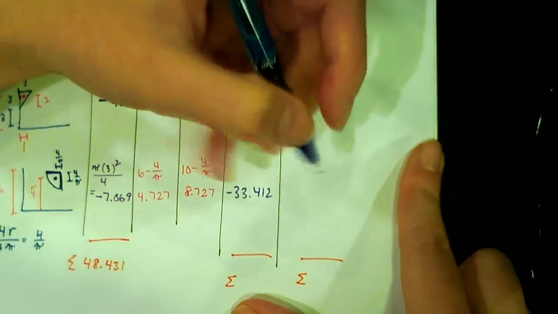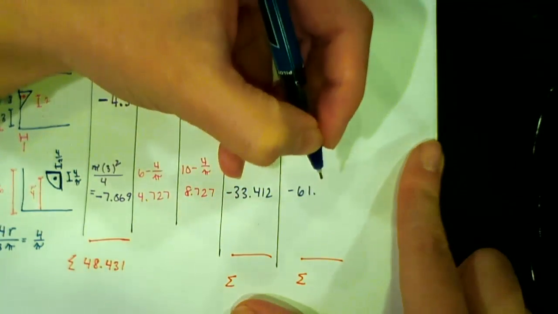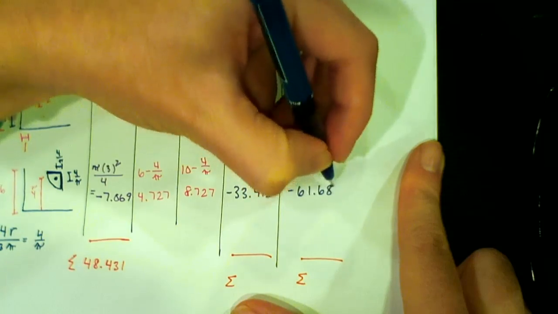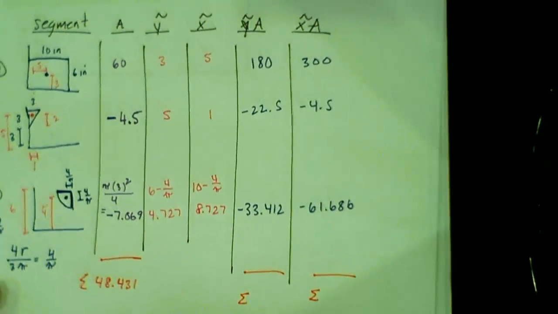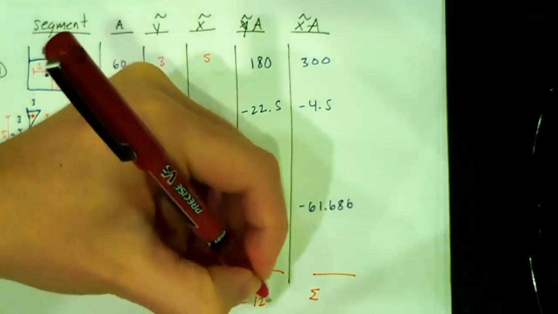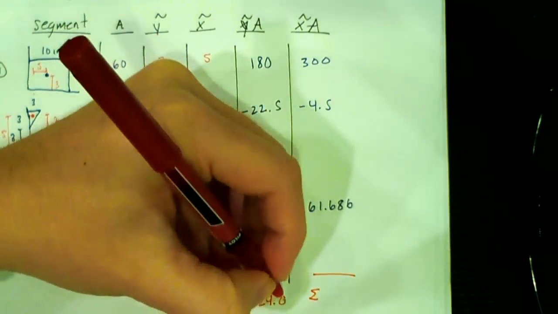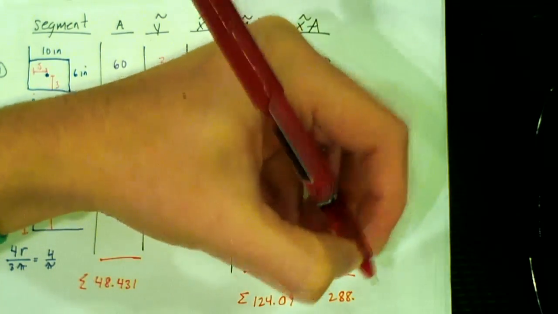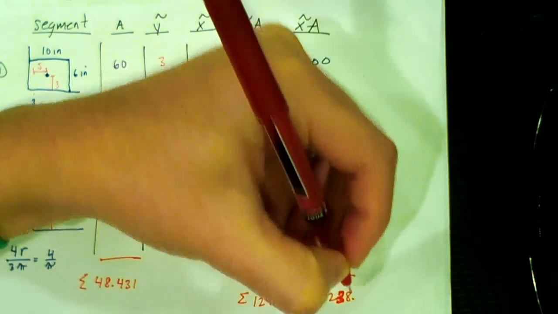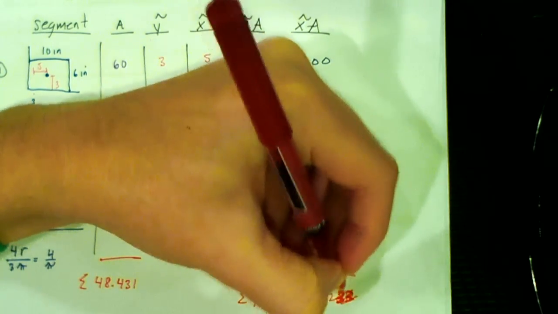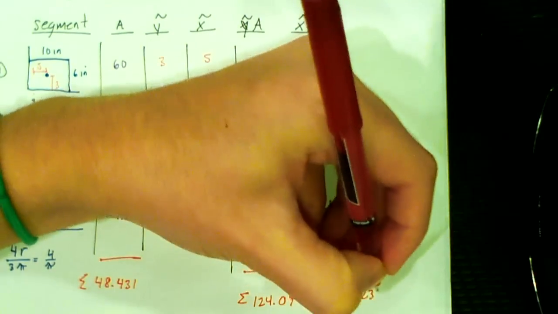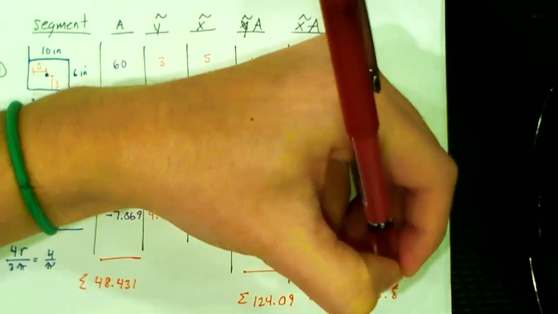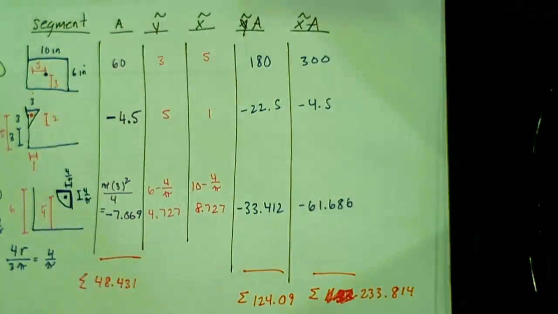And then the same thing for x, I have negative 61.686. Then I add all of those up. For this one I get 124.09. The other one I get 233.814.